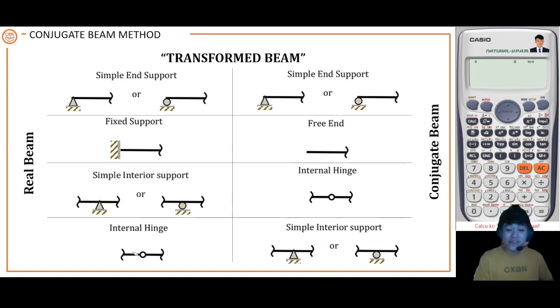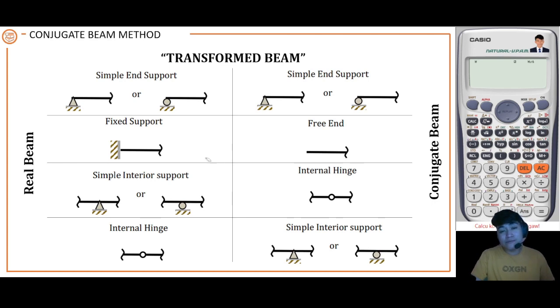However, if there is an internal hinge on your real beam, that will be a simple interior support on the conjugate beam. Okay? So the first thing to understand here is how you will convert a real beam into a conjugate beam. That is very important for this method.